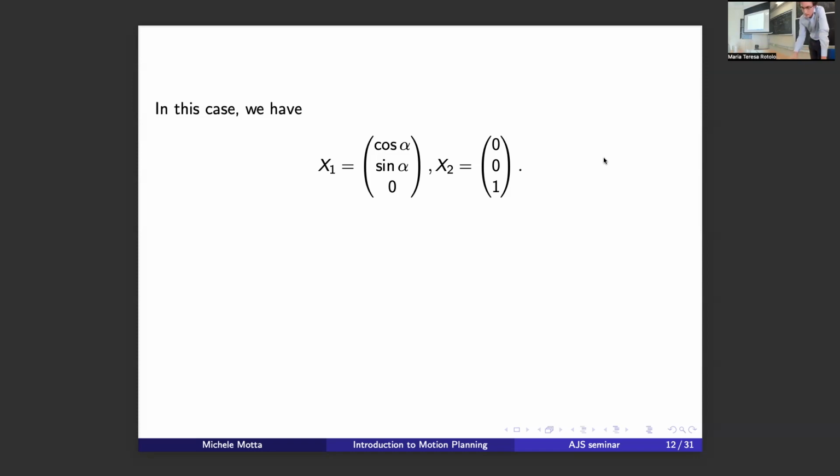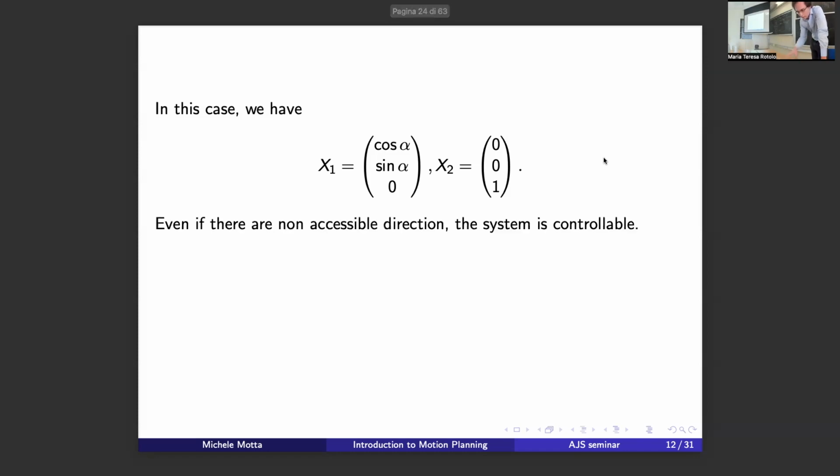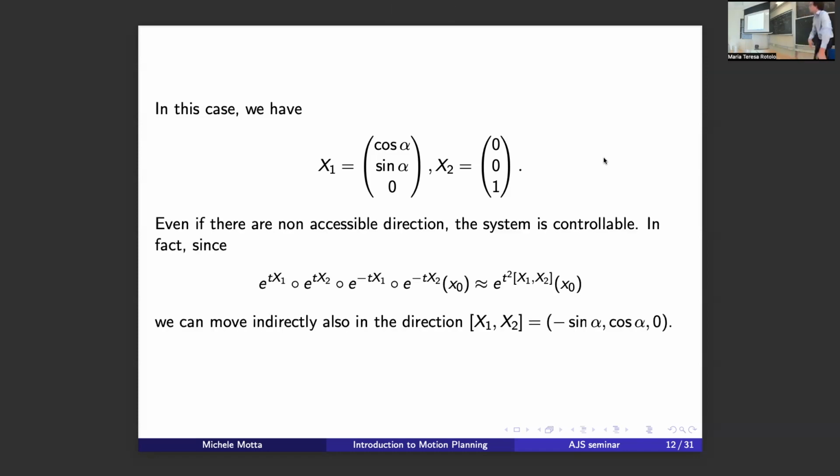In general, this is due to the fact that not only can you move in directions that are directly accessible, you can move also in directions that are not directly accessible. This is because if you combine the flow of two vector fields, you can approximate also the motion along the bracket. If this bracket is linearly independent of the first two, you can move also in this new direction.